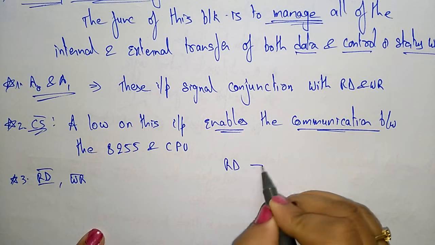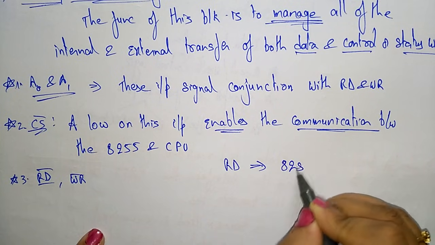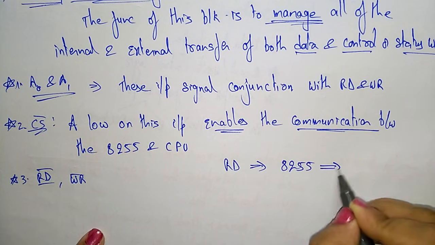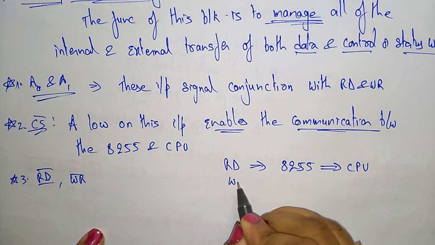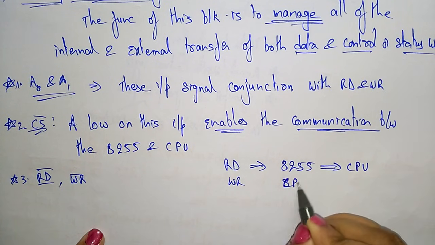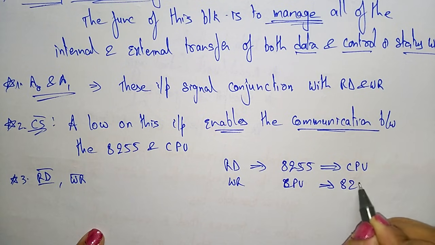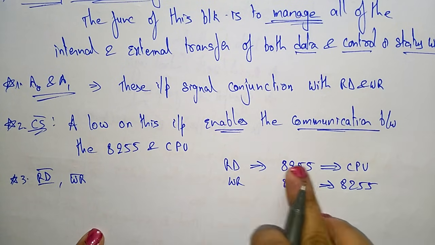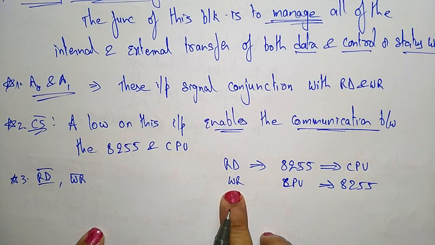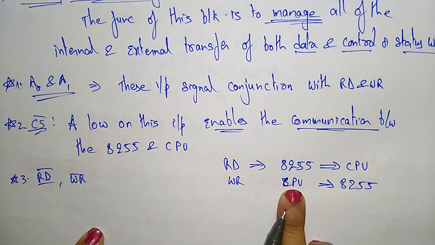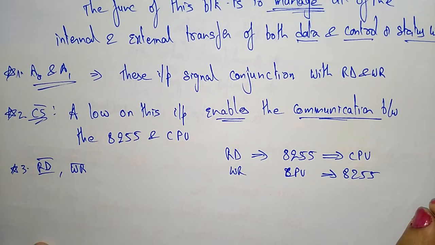So read is 8255 to CPU, and write is CPU to 8255. We are reading the data from 8255 to the CPU, and in write the data is written to the 8255.